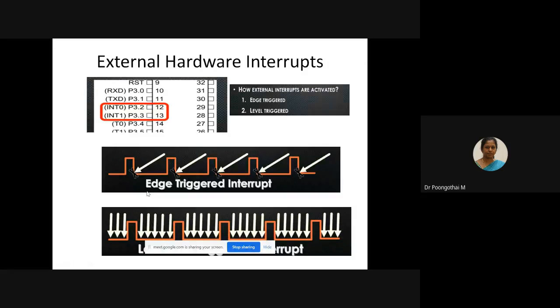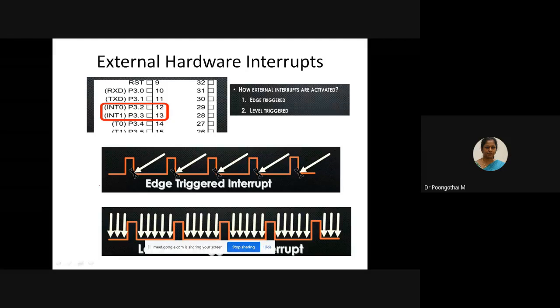So here the external interrupt activation can be done by two signals, that is edge triggering signals and level triggering signals. When edge triggered is selected, the interrupt is activated only when a high to low transition is detected on the interrupt pin.